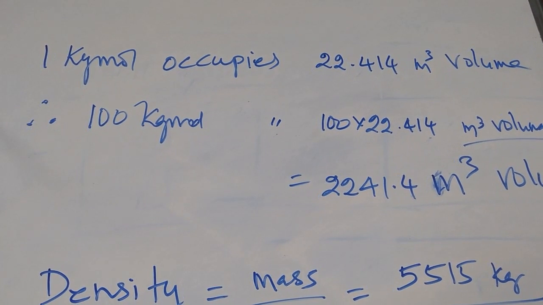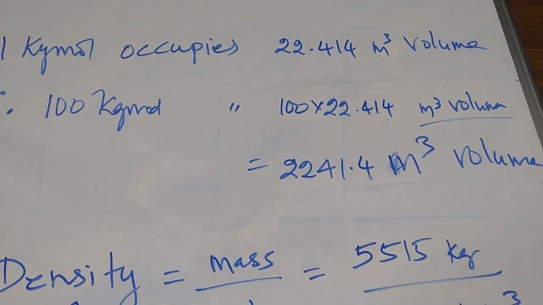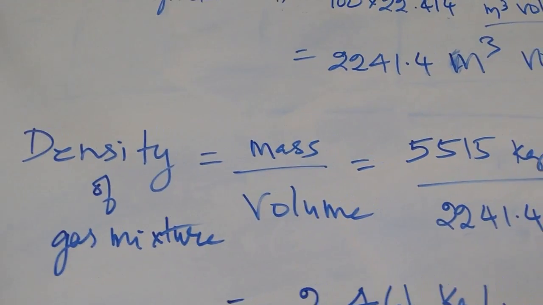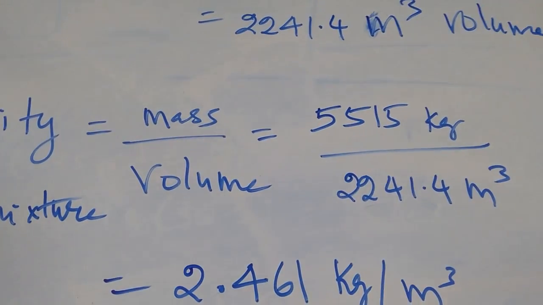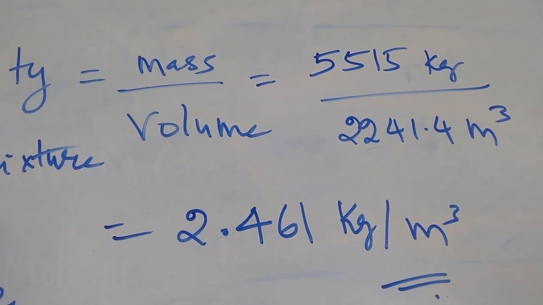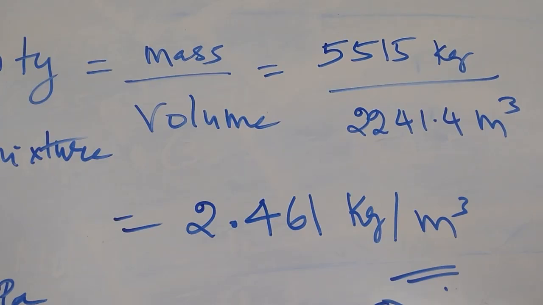Therefore 100 kg moles will occupy 2241.4 meter cube of volume. Mass density is defined as mass per unit volume. So we substituted mass divided by volume, and we got the density of the gas mixture, 2.461 kg per meter cube.